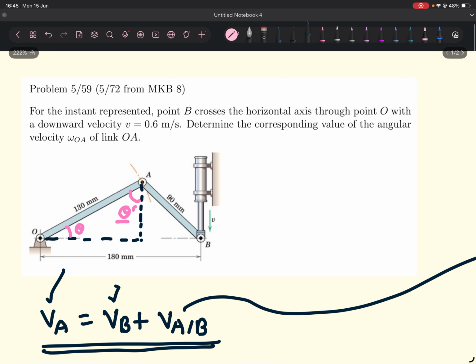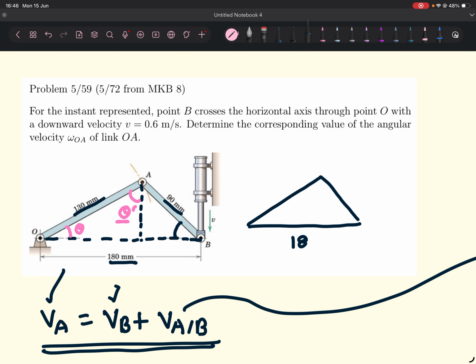And if you look, this whole thing is just a triangle, right? And they gave you all the sides of it, right? So you have theta that you're trying to solve for, and you have this big triangle, which looks something like this, with this being 180, 90, and 130.